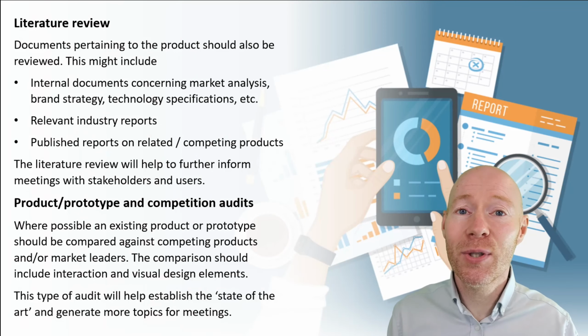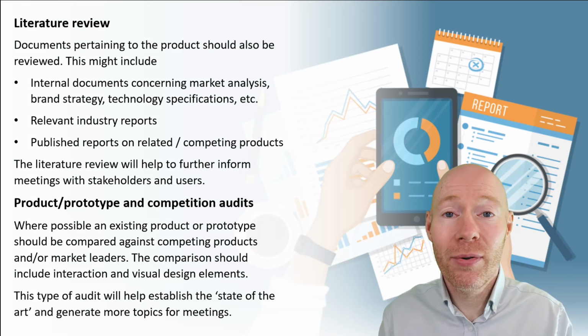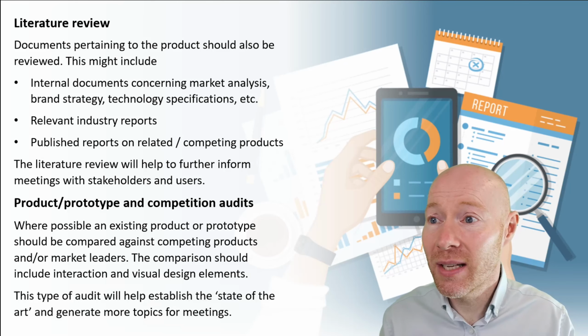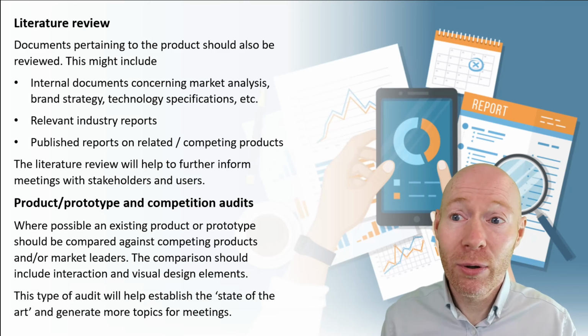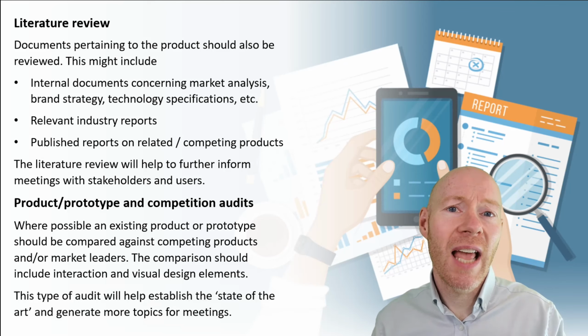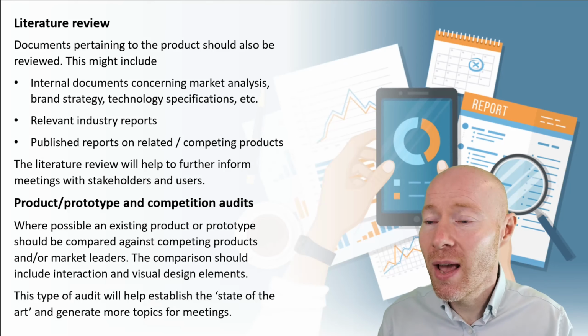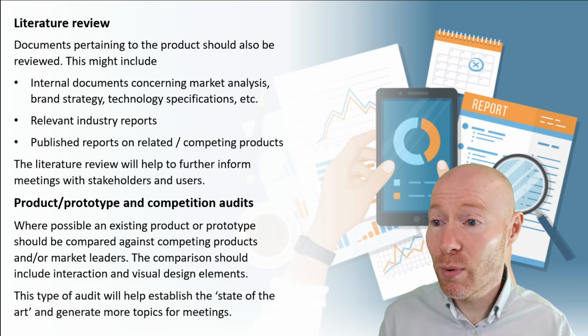We can link this in also with the literature review. That involves going through any documentation that is pertinent or relevant to the project. It could be internal documents, such as market analysis, information on the brand strategy, or technical specifications or constraints. It may be industry reports or other wider sector reports.